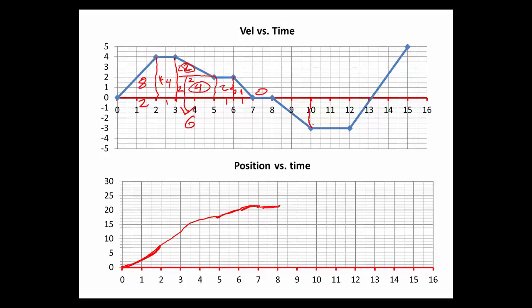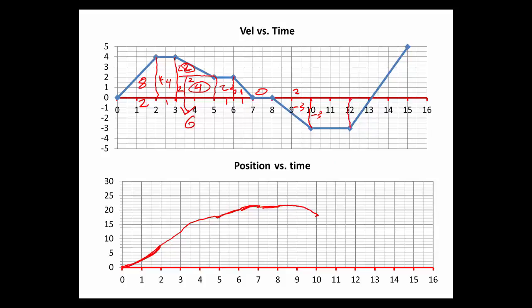My next section is -3 high, 2 base, 3 times 2, 6, times a half. So I go down 3. So I'm at 21. At time equals 10, I'll have gone down to 18. Now it's increasing in the negative direction, so I'm going to draw a curve down.